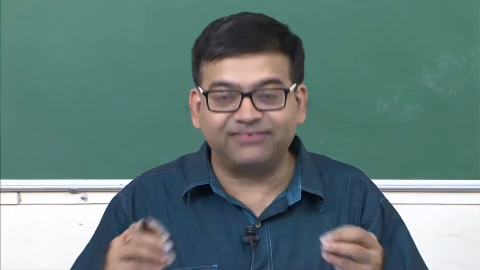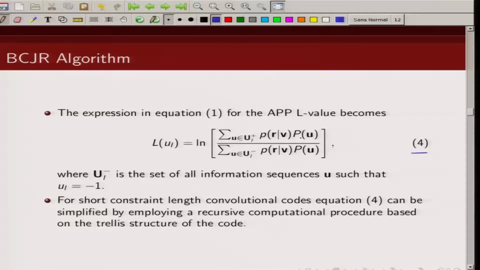So, our trellis diagram or the state diagram will tell us what the valid transitions are. So, we can simplify this expression using our valid state transitions. We are going to make use of the trellis structure of the code to simplify our equation number 4.